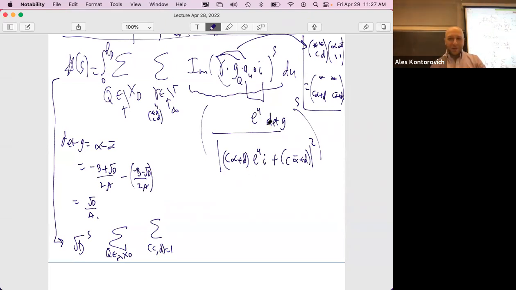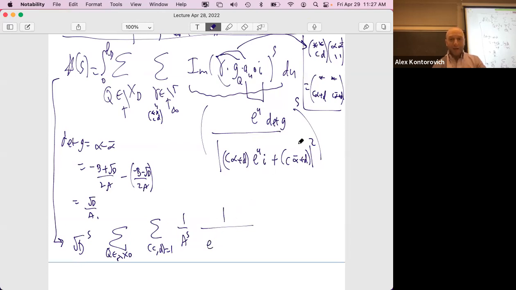Here, I have a 1 over a to the s. That's the determinant of G to the s. The e to the u, I'm going to move downstairs in two parts, as e to the u over 2 squared, with a minus sign.